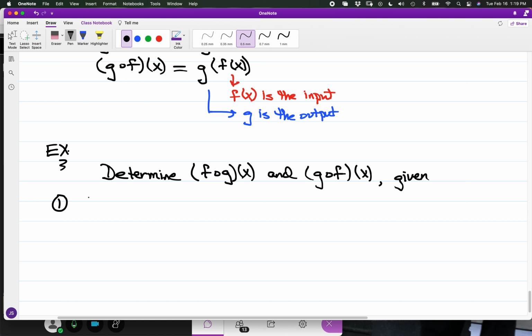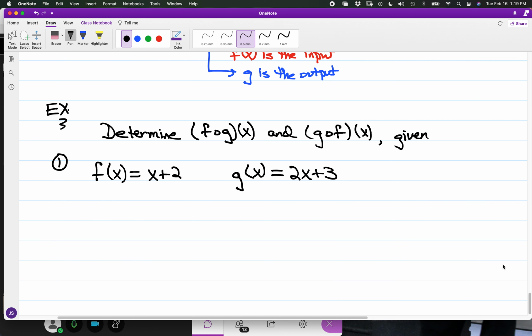We'll say f of x is equal to x plus 2, and g of x is equal to 2x plus 3. So you have f of x as x plus 2 and g of x equal to 2x plus 3.